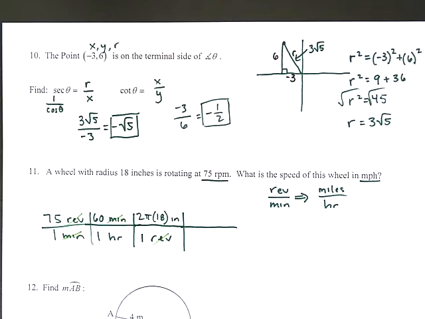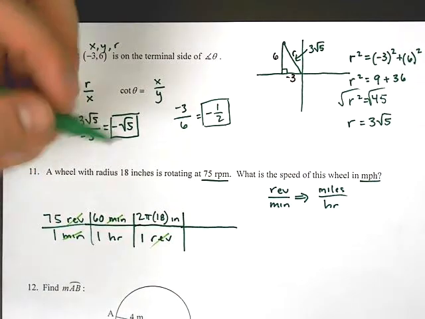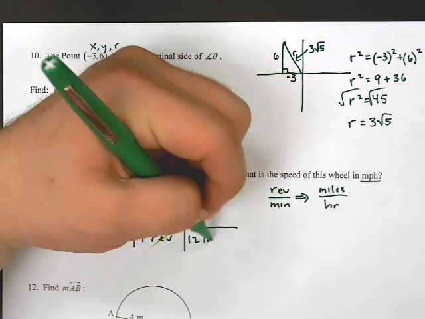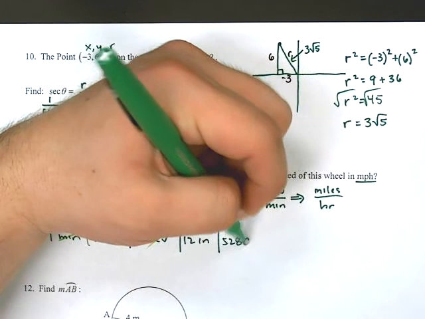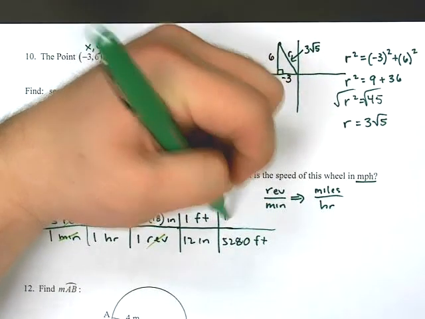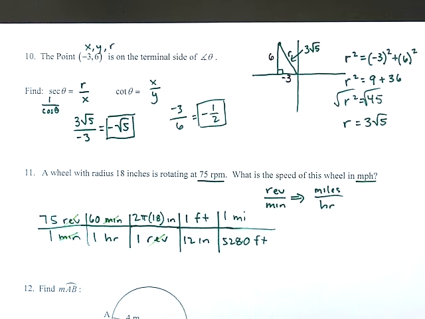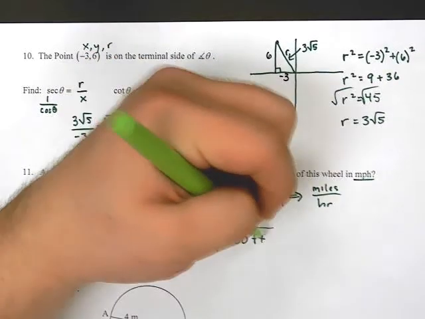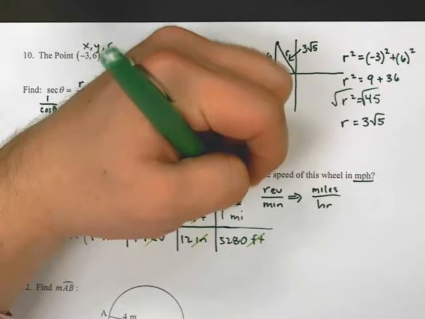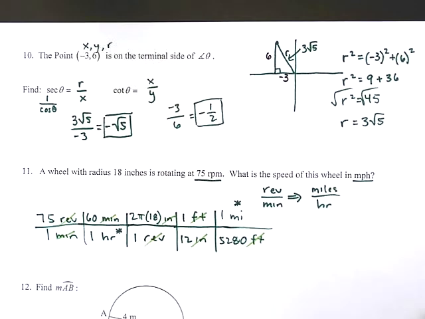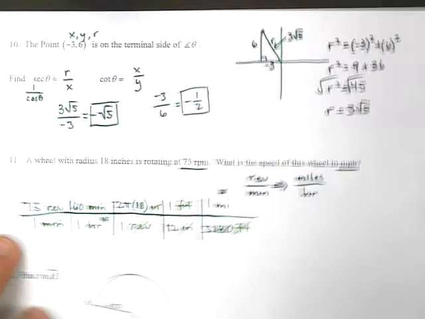We know that there are 12 inches in 1 foot. We also know that there are 5,280 feet in 1 mile. And this is what we want, guys. We want inches and feet canceled. We needed miles. We needed hours. So now it's just a straight calculator problem.